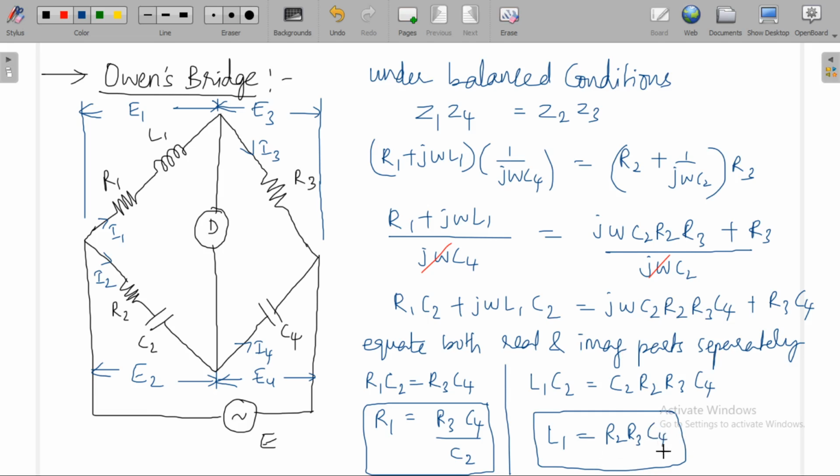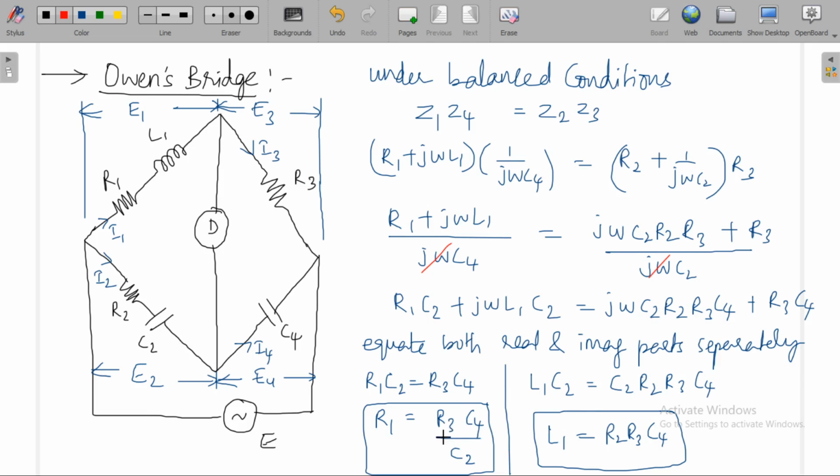Now in this expression, R3 C4 C2 terms are present. In this expression, R2 R3 C4 terms are present. Here in both expressions, R3 and C4 are common.